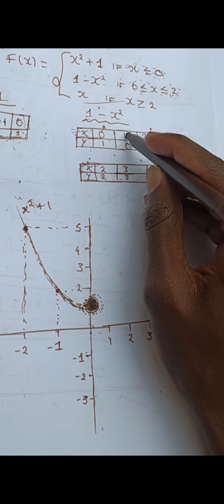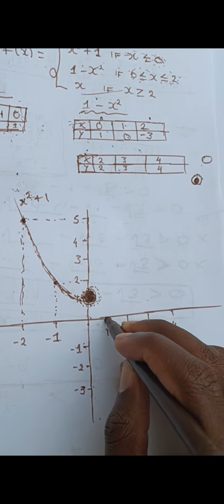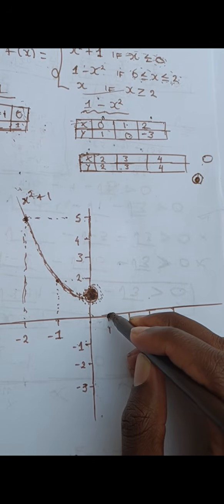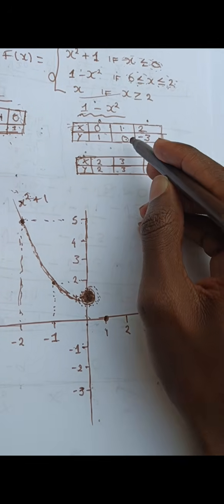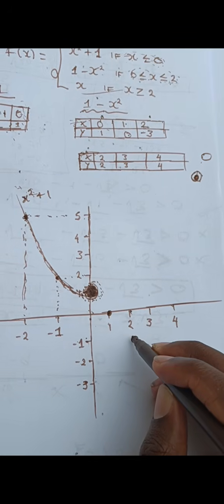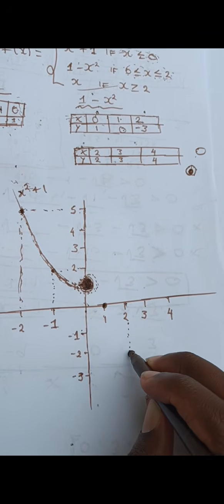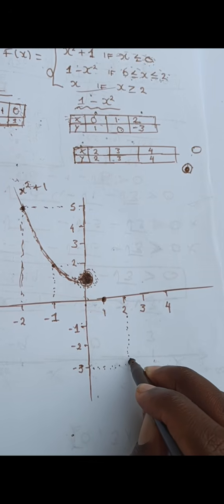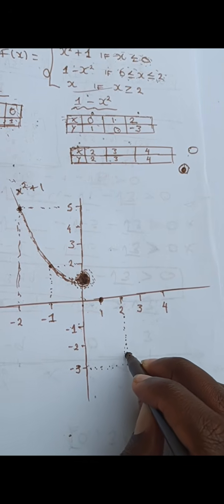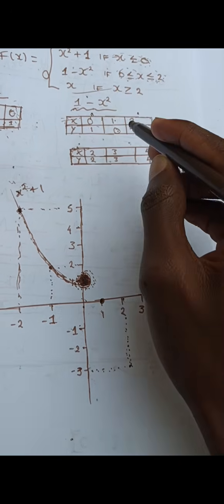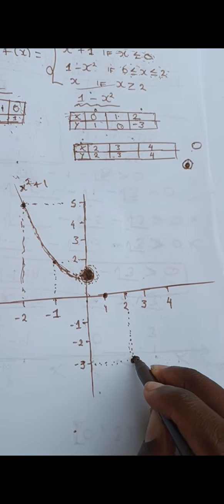So the next coordinate is 1 comma 0, so here, right? So just take a small dot, then 2 comma negative 3, that is here. So we need to show the bubble and it's going to be shaded.